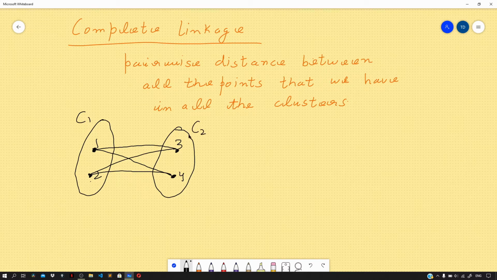Now here we need to store the maximum of these pairwise distances that we compute. So here you can see we have the pairwise distances 1,3, 1,4, 2,3, and 2,4, right? And let us say the maximum pairwise distance is this one, 2,4. Let me use some other shade for this. So we will be storing this maximum pairwise distance between 2 and 4 as the linkage value for this case.